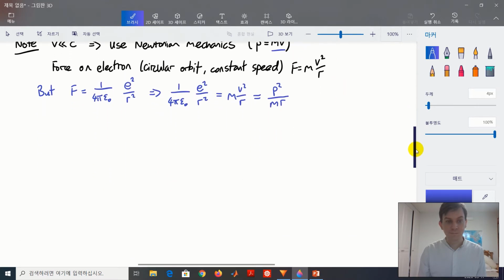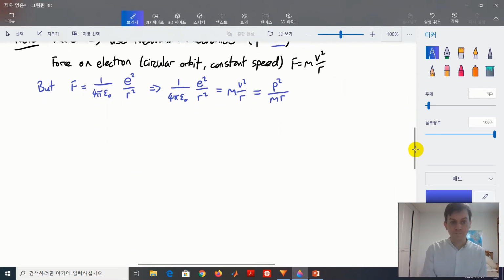So namely, we get that p should be equal to the square root of m e squared over 4 pi epsilon 0 r. There we go. Okay, so that gives you a formula for the momentum in terms of the radius of the orbit.